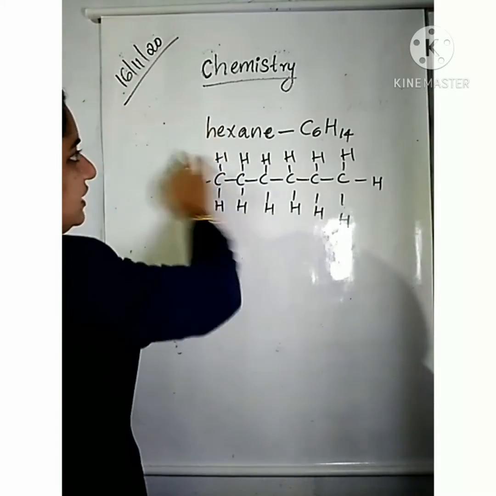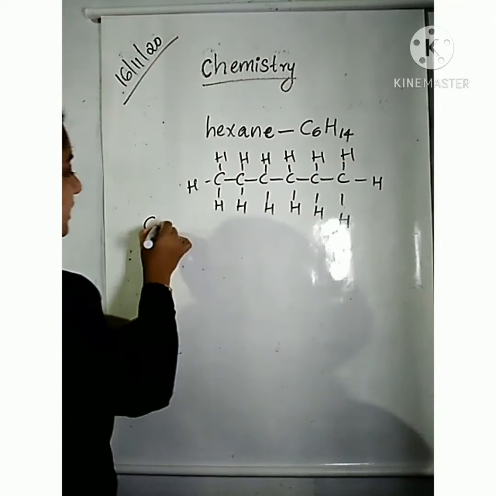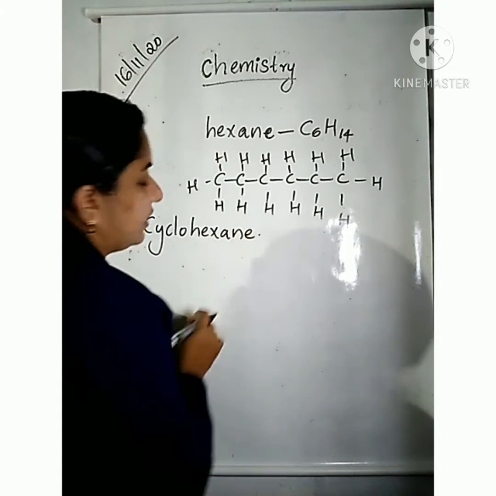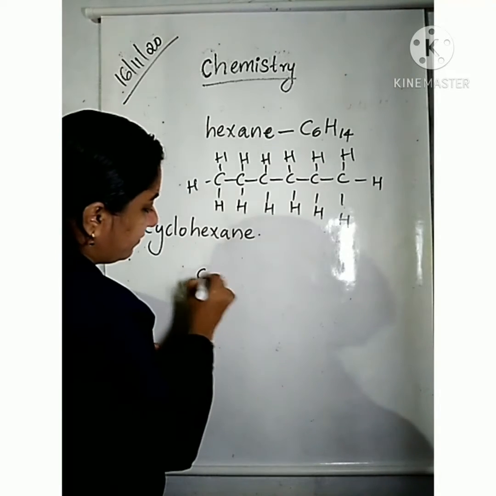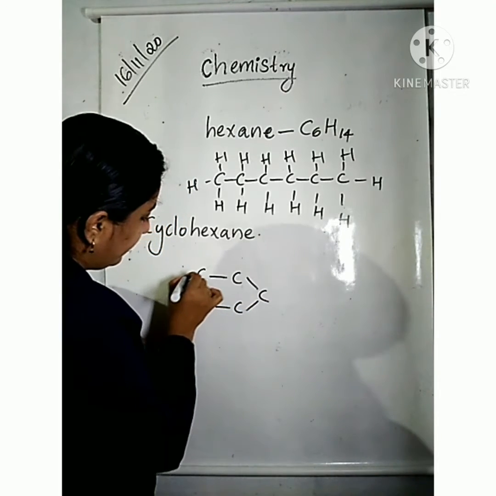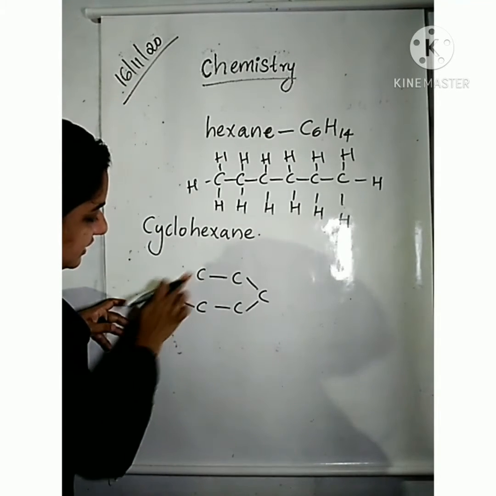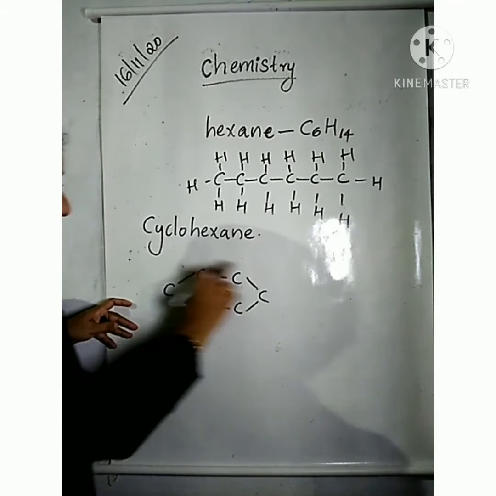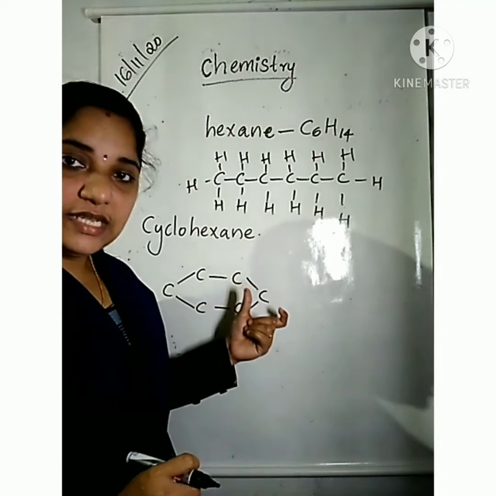The ring compound is cyclohexane. Look here, I draw the structure of cyclohexane. This is the skeletal form of cyclohexane. 6 carbon atoms are linked together by single bonds.